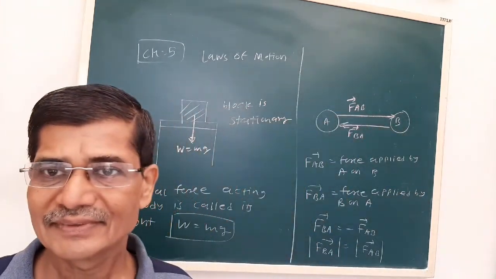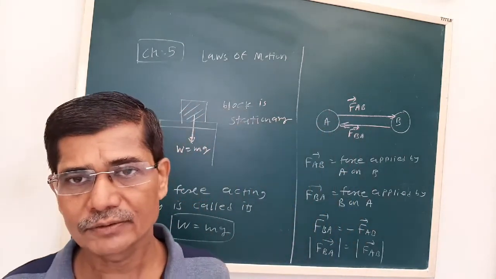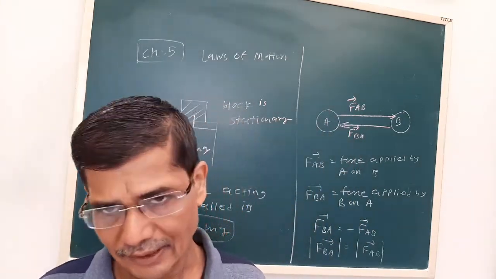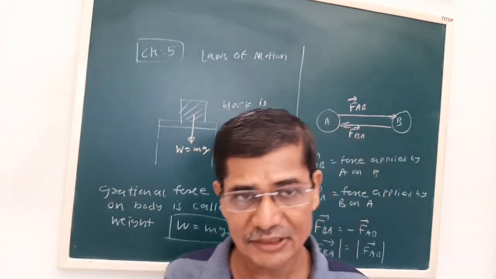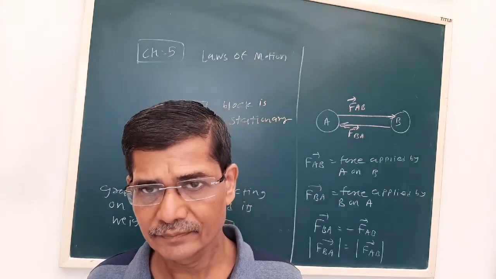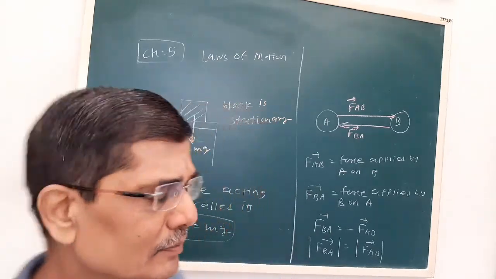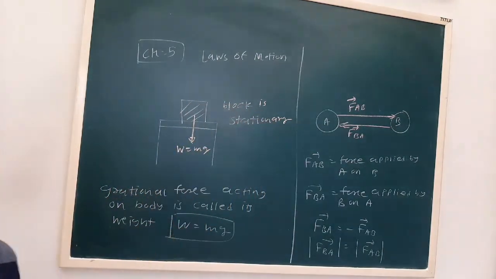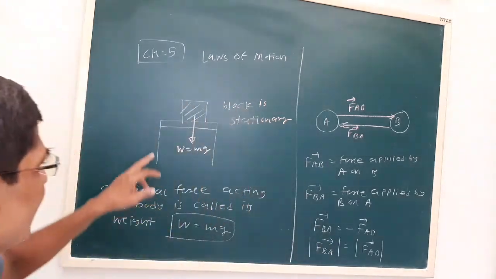Newton's first law says whenever there is an unbalanced force, motion is going to be there, because an unbalanced force can change the state. If the body is at rest, it can be brought into motion, but the block doesn't move. The block is stationary. Then there should be a force in the opposite direction which will balance mg.